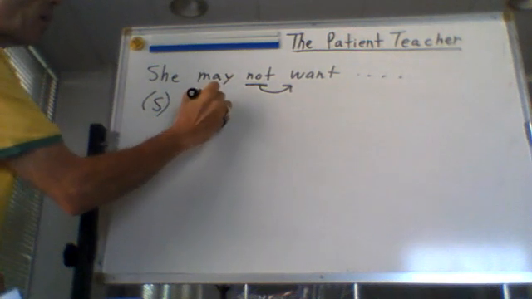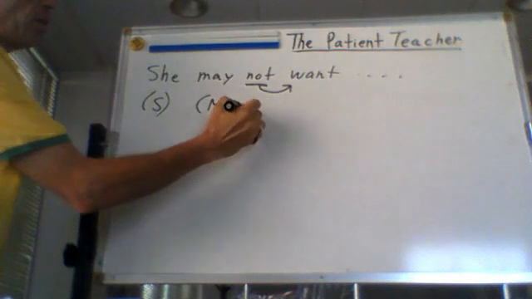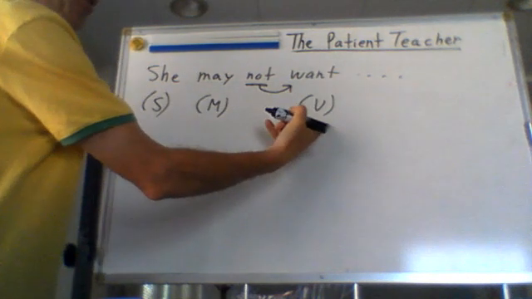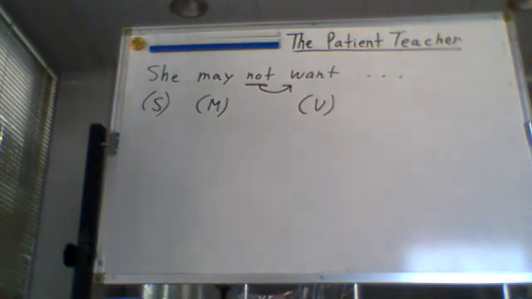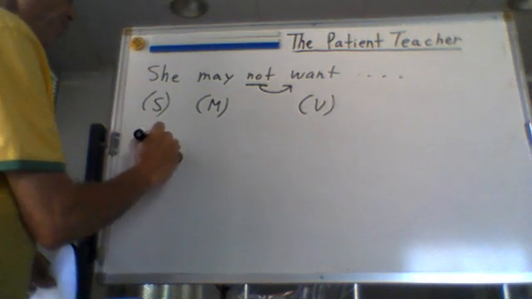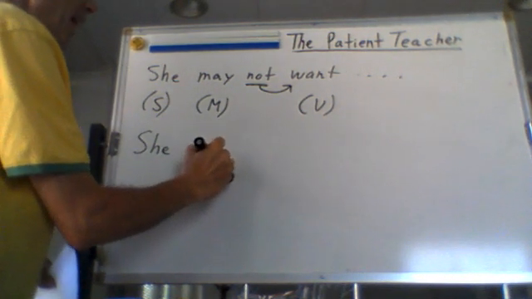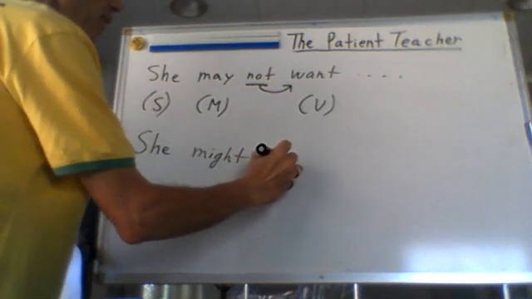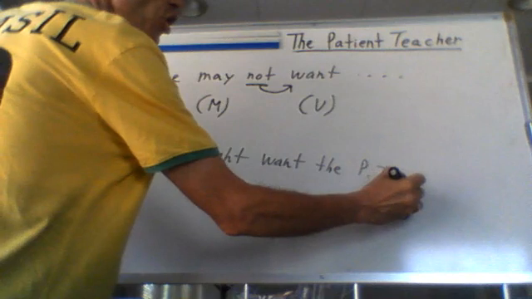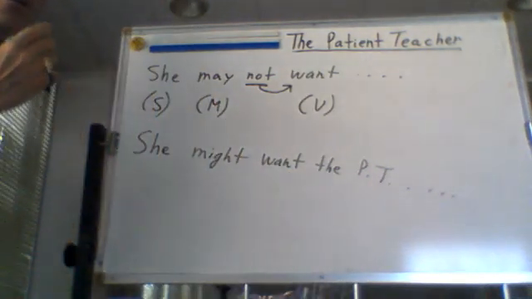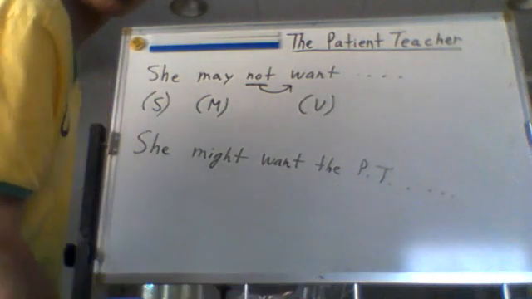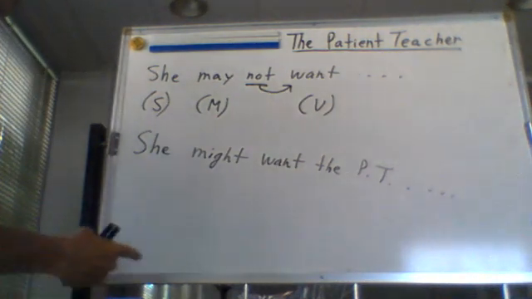Subject, modal, negative, main verb, and then you finish your sentence, right? She might want the patient teacher to take her. So she prefers the patient teacher, just in case you're wondering.